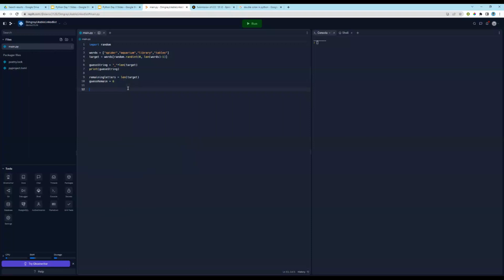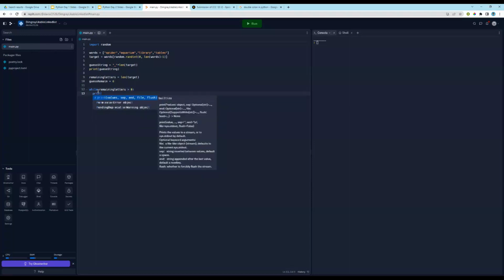So basically, while you still have letters remaining, that means you have to keep guessing, right? So while the remaining letters is bigger than zero, so while you still have letters to guess, you'll ask the person to guess.